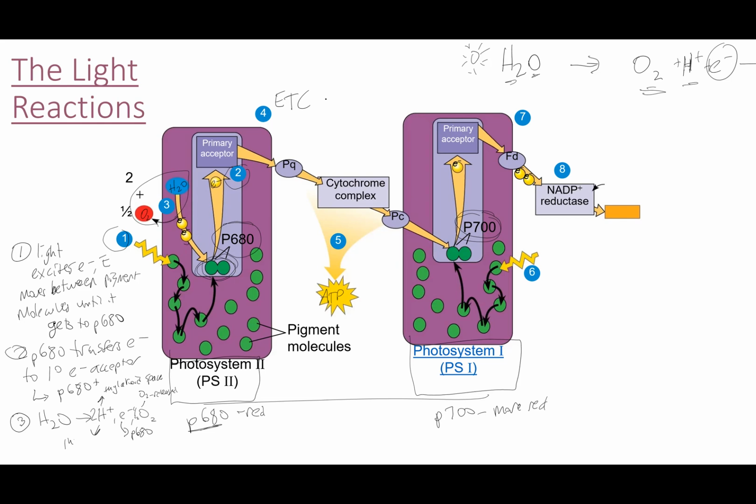We're going to transfer electrons from photosystem 2 to photosystem 1 using a series of carriers. And in this process, we're going to pump hydrogen ions.